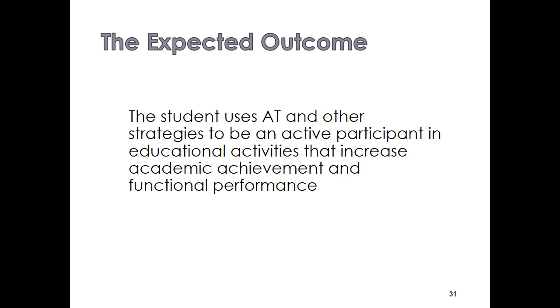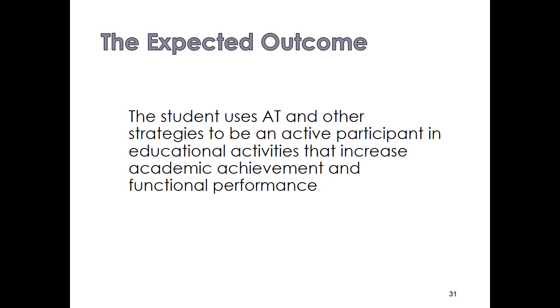So now we need to have a shared vision of that expected outcome. How does the student use assistive technology, or AT and other strategies, to be an active participant in those educational activities that also increase their academic achievement and functional performance?